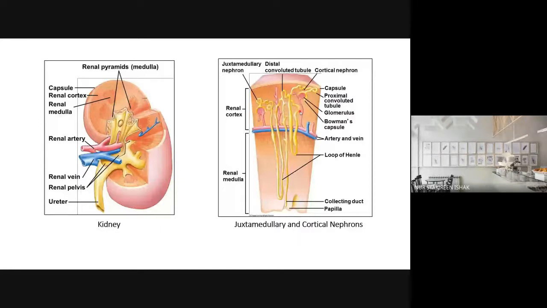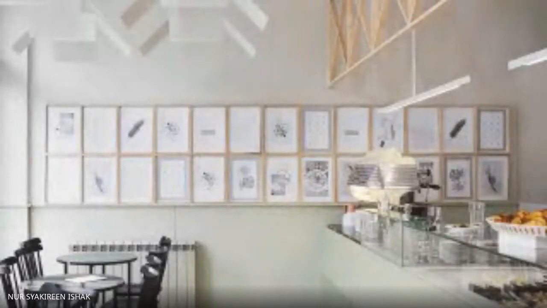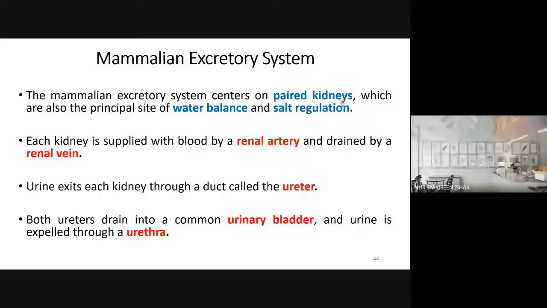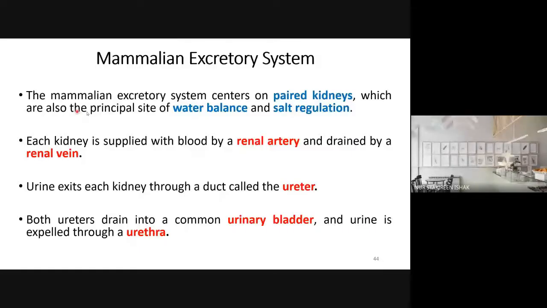So it says here, the mammalian excretory system centers on paired kidneys. So we have two kidneys, a pair of kidneys, which are also the principal site of water balance and salt regulation. Each kidney is supplied with blood by a renal artery and drained by a renal vein.